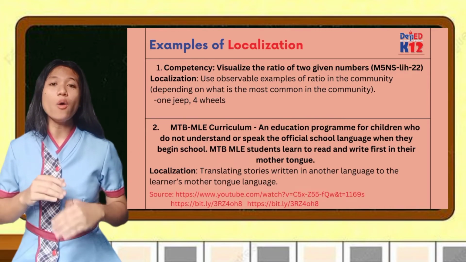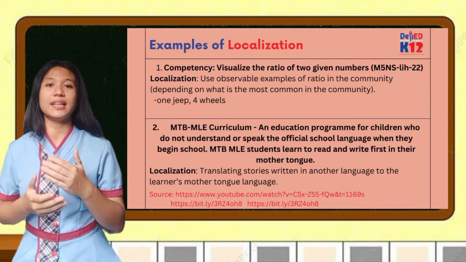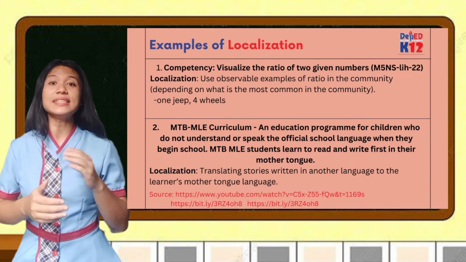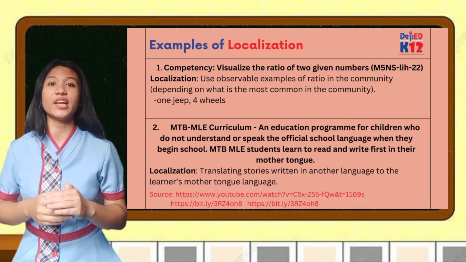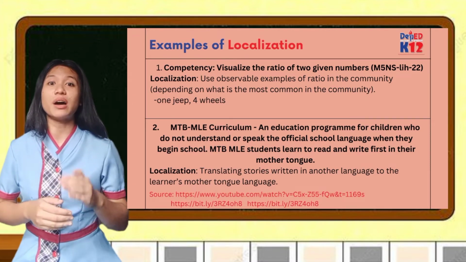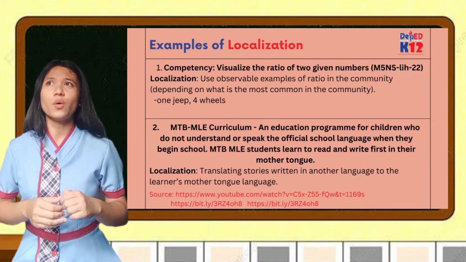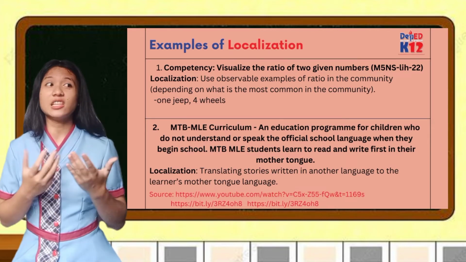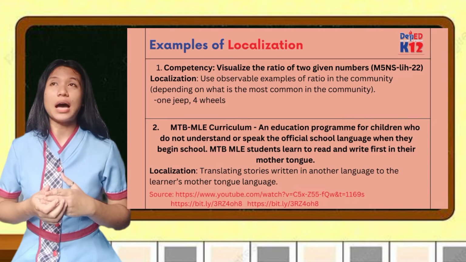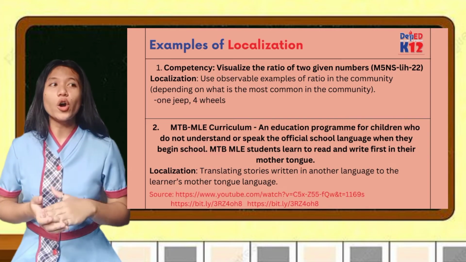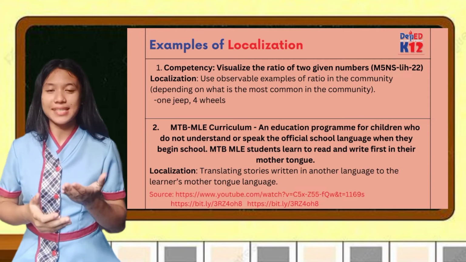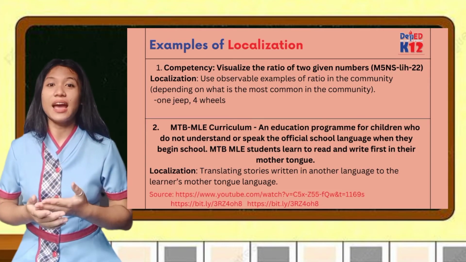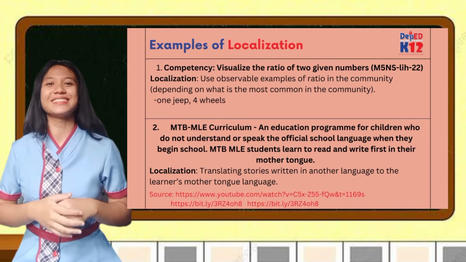So, how is localization applied in this process? Through translating stories written in another language to the learner's mother tongue. For example, some teachers translate English stories into Filipino, Tagalog, or Cebuano Bisaya in order for our learners here in Bisaya to understand the stories from English.